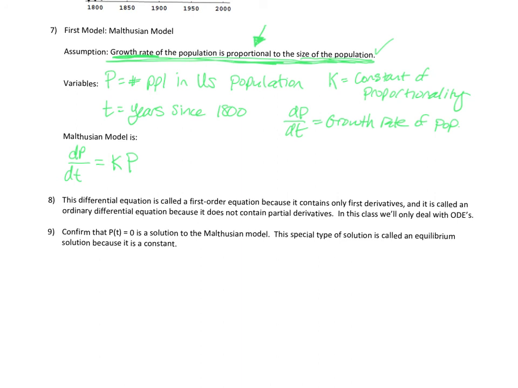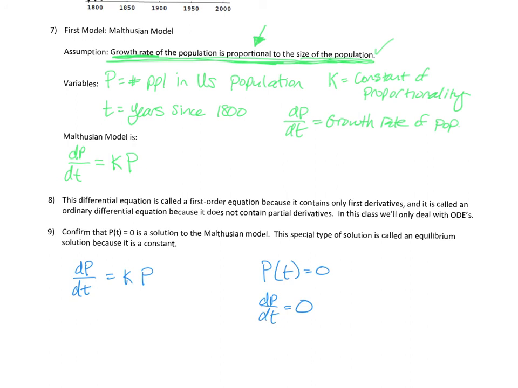Okay, so to confirm that it's a solution, we need to plug in like we did in our earlier example. So I start by copying down dP/dt equals k times P, and then my potential solution is P of t equals 0. Okay. And I need also dP/dt to plug in, and the derivative of 0 is 0.